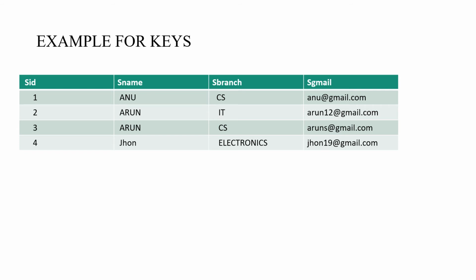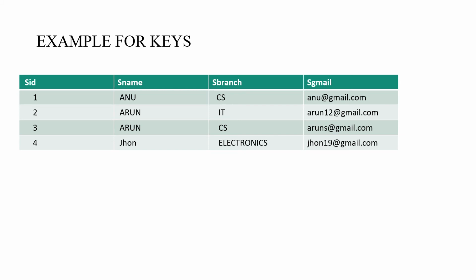Then how many records are here? 4 records. The first record is related to Anu. The student name is Anu. The second record represents Arun's information. The third one is related to another Arun who studied in the CS department. Then the fourth one is related to the information of John.